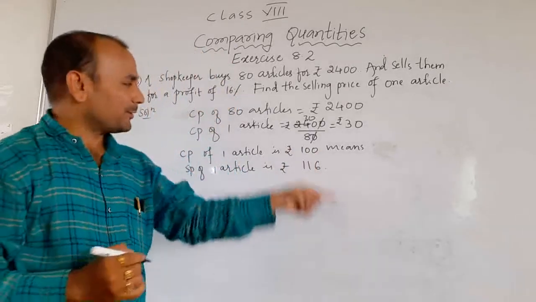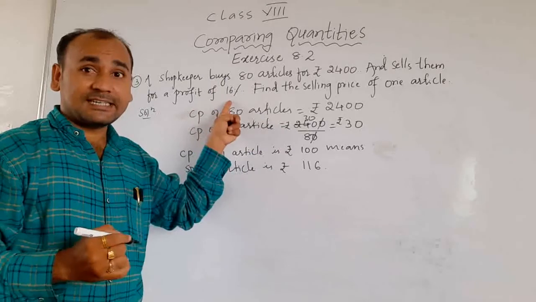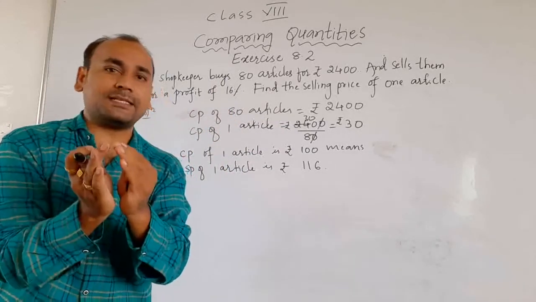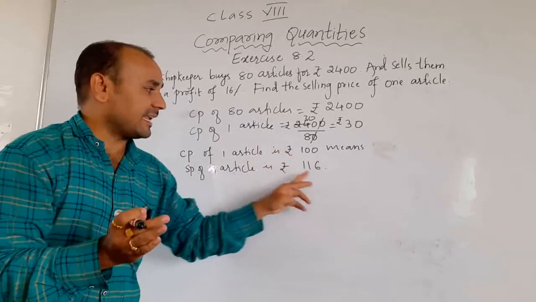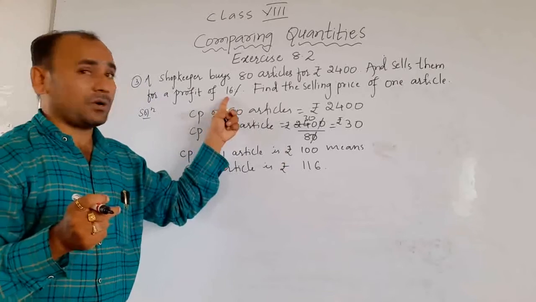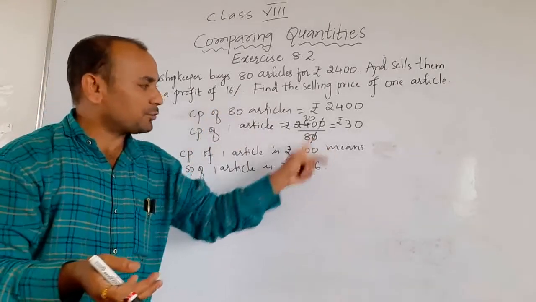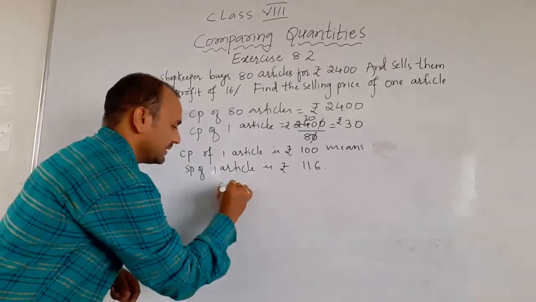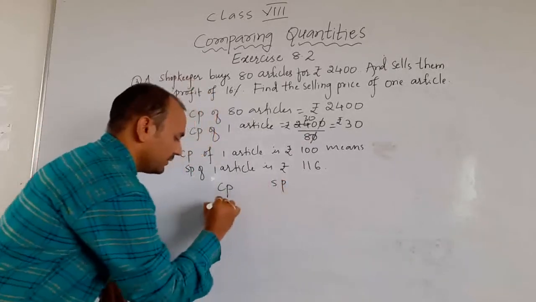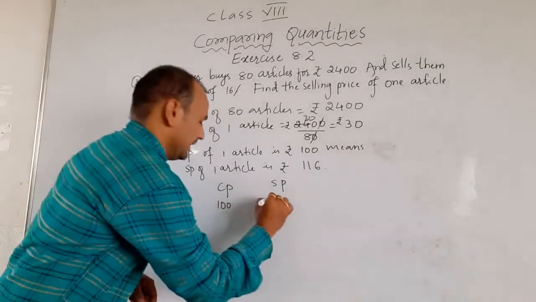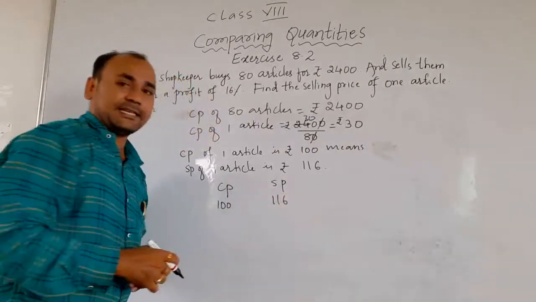Why? Because he is selling at a profit of 16%. By taking percent, we have to take it that 100 rupees he is purchasing, means he is selling it for 116 rupees, because 16% is profit. If it is a loss, we have to subtract from 100, and we will get the answer. Let me take this as CP and SP. If the CP of one article is rupees 100, the SP will be 116.